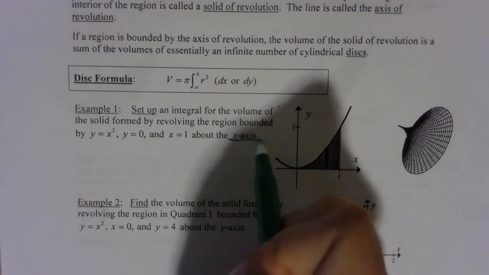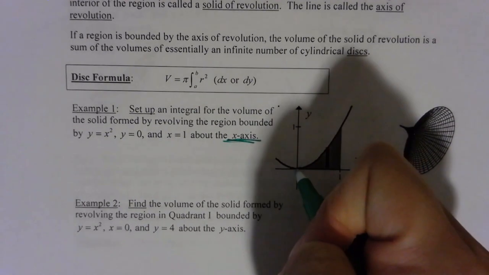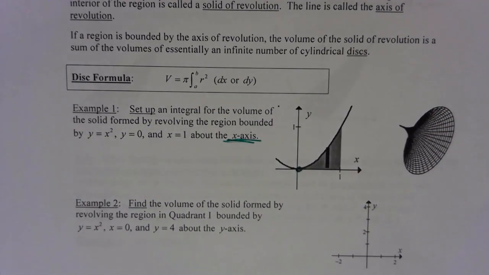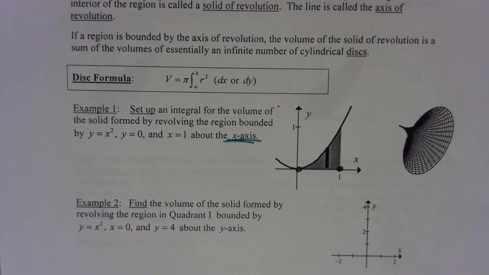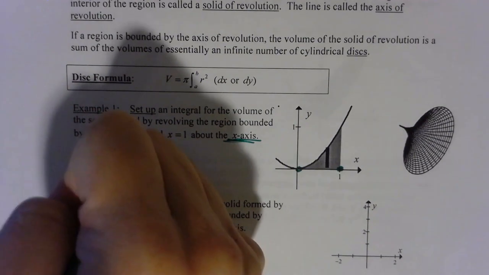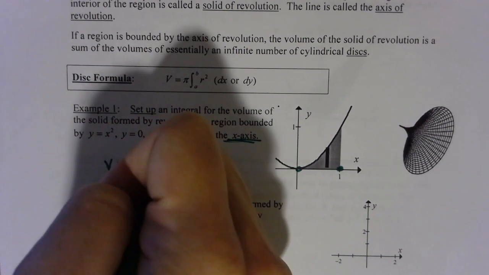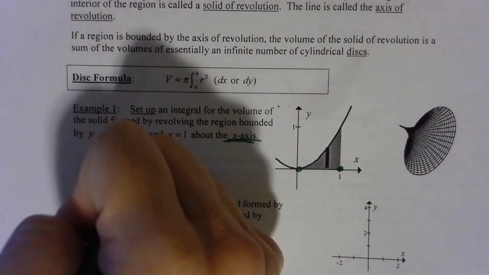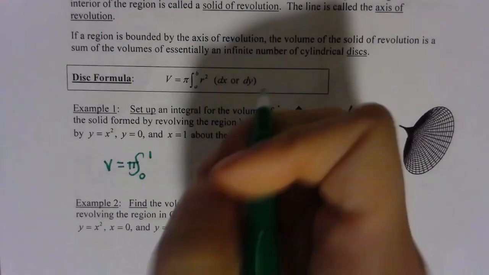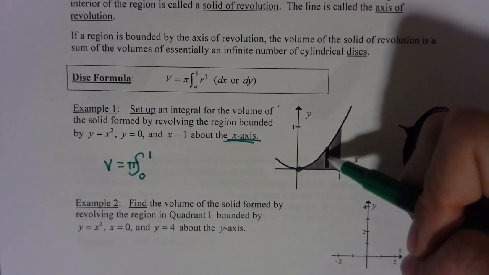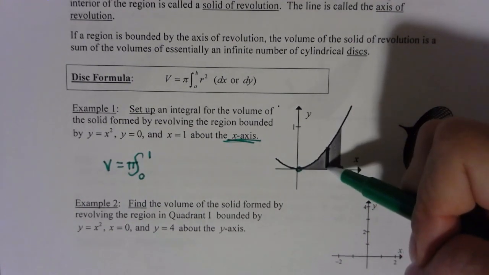So we're in dx's, and of course x equals 0, and then the upper boundary is at 1. So our volume would equal the integral from 0 to 1. We can stick our pi out front, and then it is our r squared. In this case, that x squared is that radius. You guys see that?